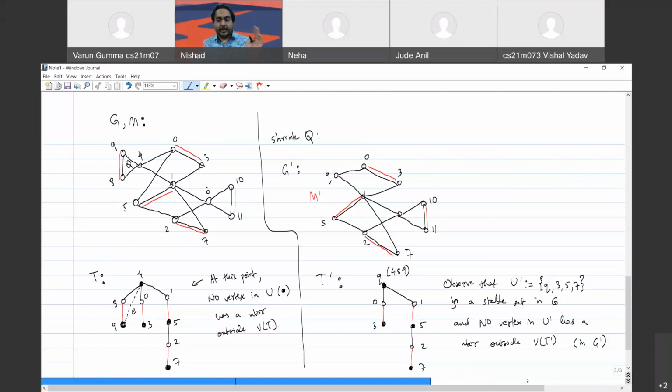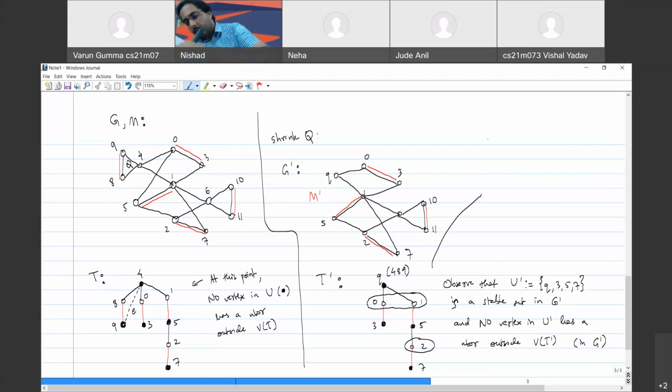We have a situation where the black vertices are obviously not connected with each other in the bipartite case, but that's also true in this example, in this G prime, T prime. And at the same time, the black vertices do not have any neighbors outside. The black vertices of the tree have no neighbors outside the tree. At this point, we will conclude that 0, 1, and 2, the white vertices, form a touch set in the original graph G.